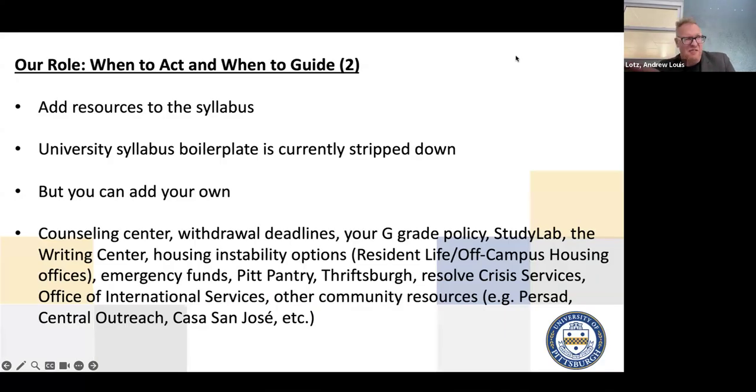Emergency funds, if they have a financial shortfall, if they suddenly lose their part-time job or have some other economic crisis and a little bit of money helps them not have to leave the university or drop out of classes, there are monies available. The provost office has some emergency funds. There are others in the school for student crisis funds. They exist. Students have to qualify for them.